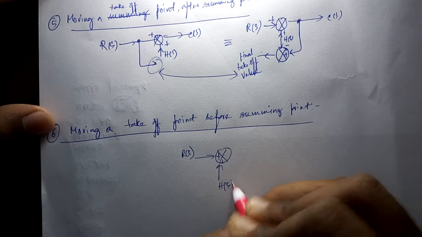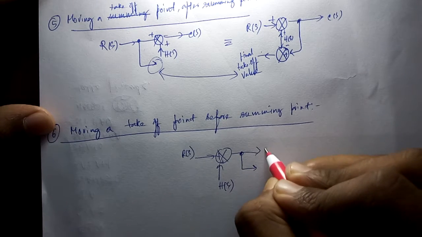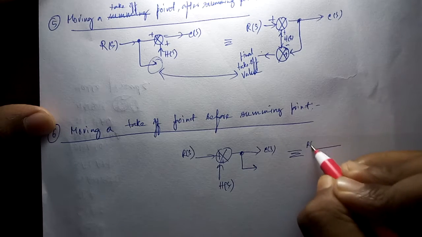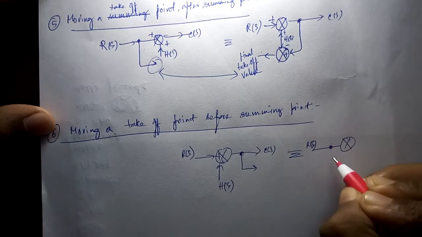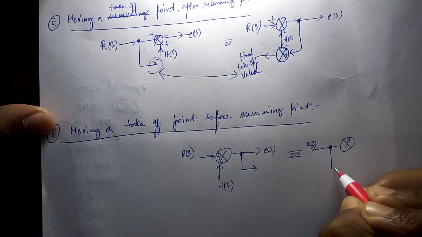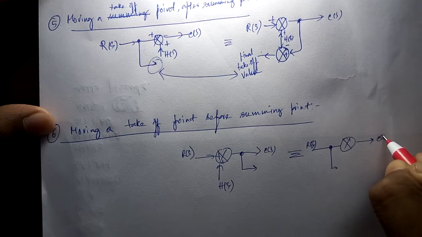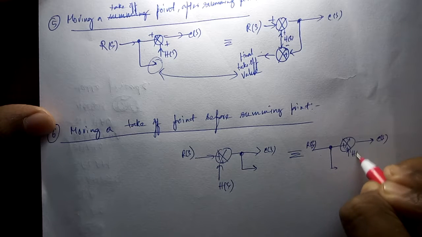Here HS is coming and the takeoff point is after the summing point, and we have to take the takeoff point before the summing point. We have to take the takeoff from here, and we will get the same output. Here HS is being added.